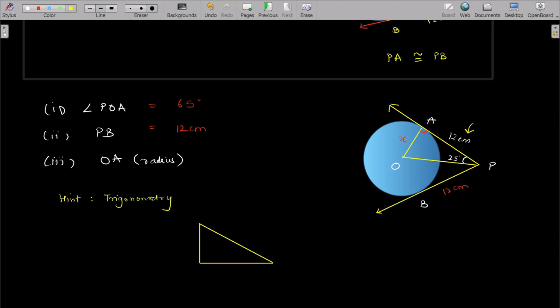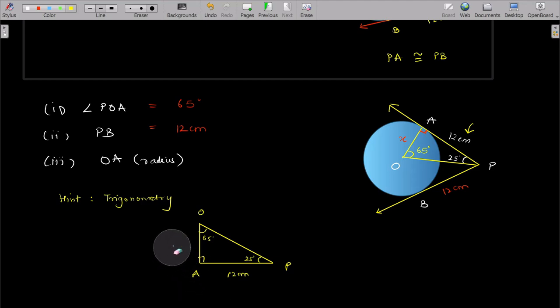Isn't there 60 or not 60? You want to use this angle? So you have both the angles. You have 25, this is 90, this is 65, and you know that this length is 12 centimeters, and you want to find out this length.